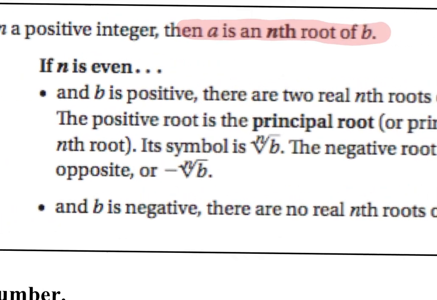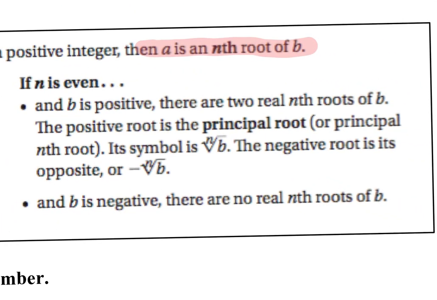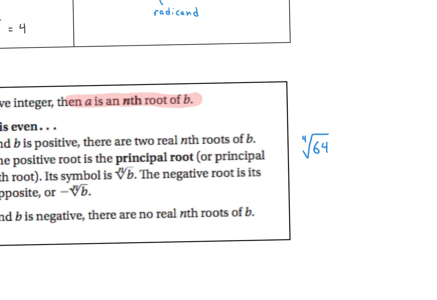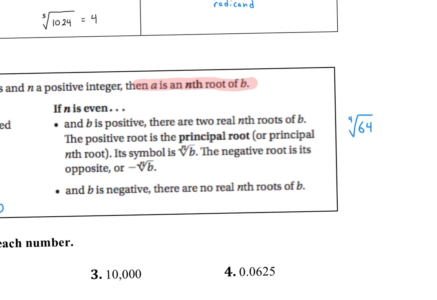Now, what happens if n is even? What happens when n is even? For example, what happens when I say the fourth root of 64 like this? Or, we'll get to that in a second. Okay.